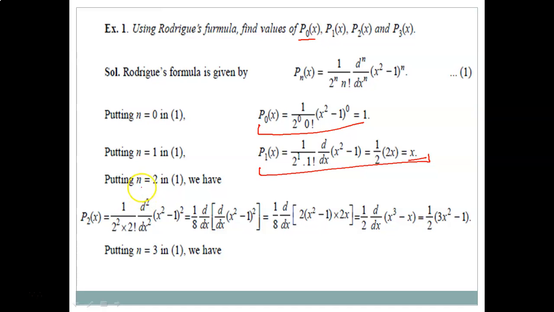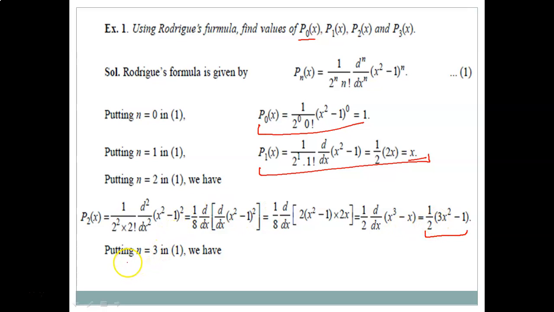Now by putting n equal to 2 in equation 1, we have P2(x) equal to 1 by 2 raised to power 2, 2 factorial, the second derivative of (x square minus 1) squared, because you are taking n equal to 2. It is a very simple calculation. You can do it, and you will find that the value of P2(x) comes out to be 1 by 2 into (3x square minus 1).